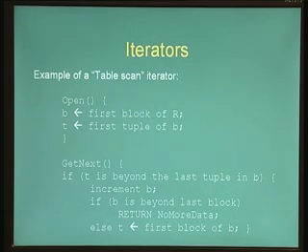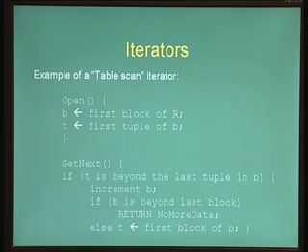So the getNext function performs precisely this set of functions. If t is beyond the last tuple in b, that is, if the current block b has been exhausted, then we increment b, that is, point b to the next logical block in the sequence in the file.